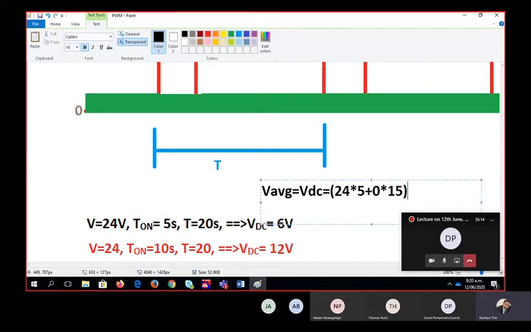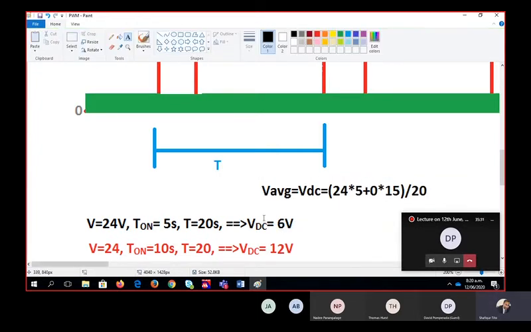What is the average value of this voltage? From this, you can find that this one would be equal to 0, and this one, if you multiply, would be equal to 6 volt. So your average DC value becomes 6 volt.